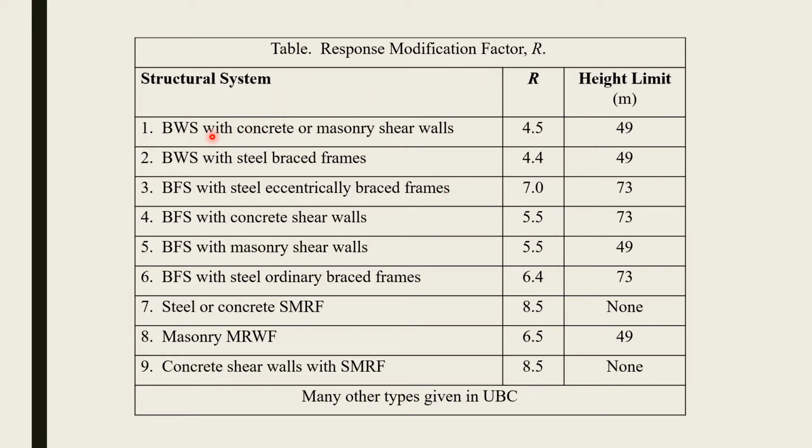For a BWS, bearing wall system with concrete or masonry shear walls, the response modification factor is R 4.5 and the height limit is 49 meter. Similarly, for steel or concrete special moment resisting frame, 8.5, height limit none. Similarly, concrete shear wall with special moment resisting frame, 8.5, height none.